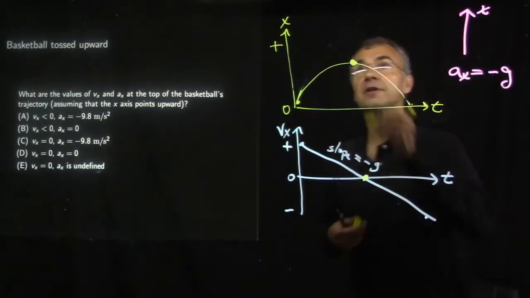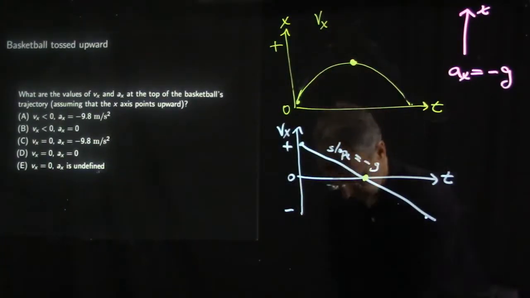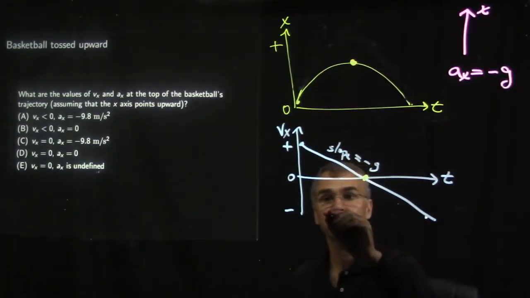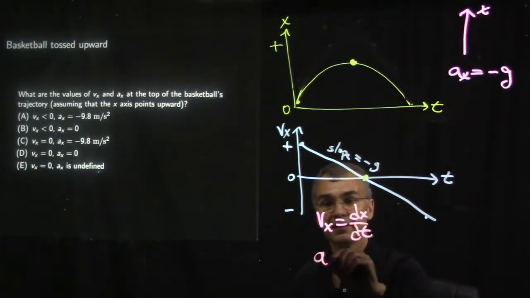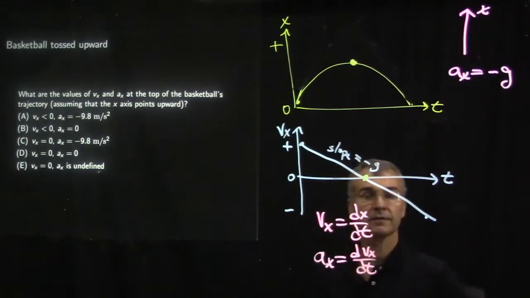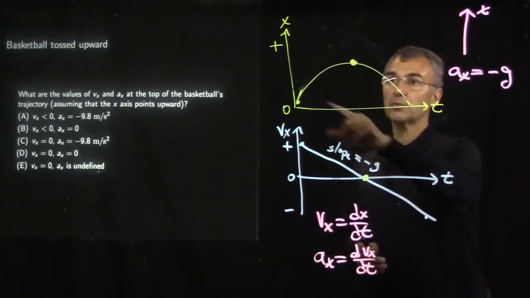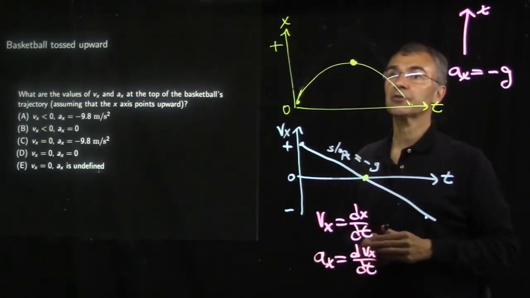And remember that we have definitions. v sub x is dx by dt, and a sub x is dv sub x by dt. So v sub x is the slope of the x versus t curve, and a sub x is the slope of the v sub x versus t curve.